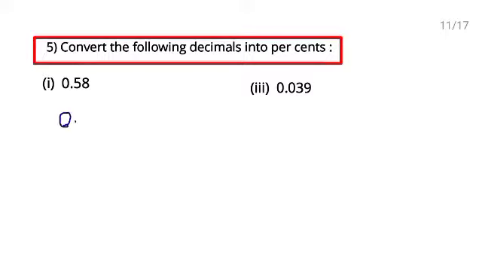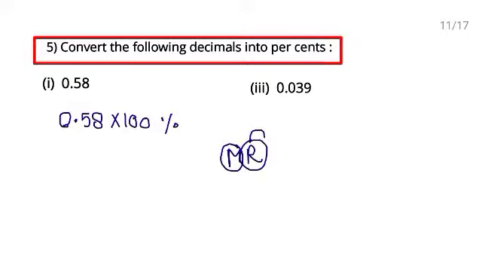So multiply 0.58 by 100 and put percent sign. Clear? According to Mr. DL, when you multiply, decimal point will be shifted to right. Okay, how many places? 2 places. Decimal point will be shifted to here.